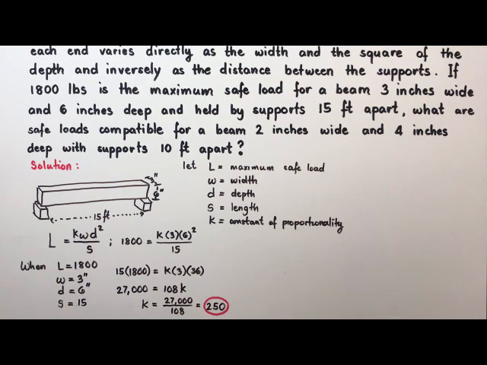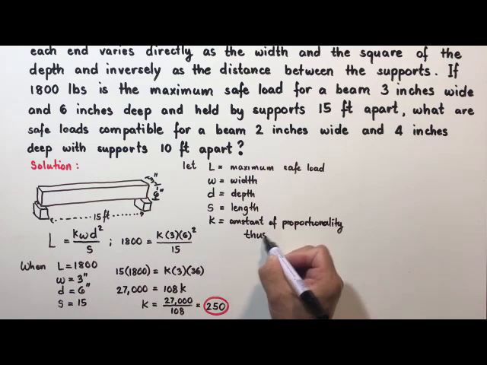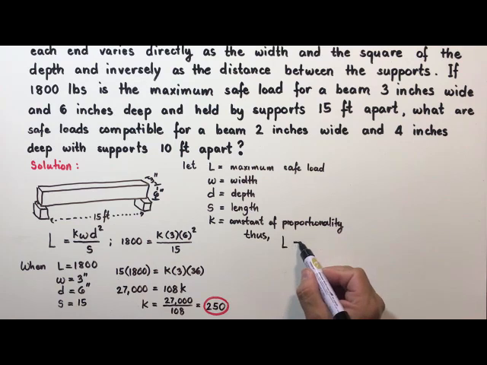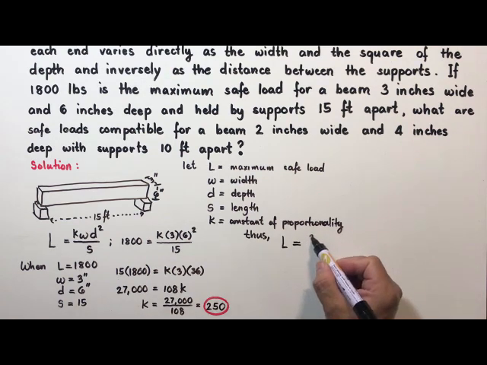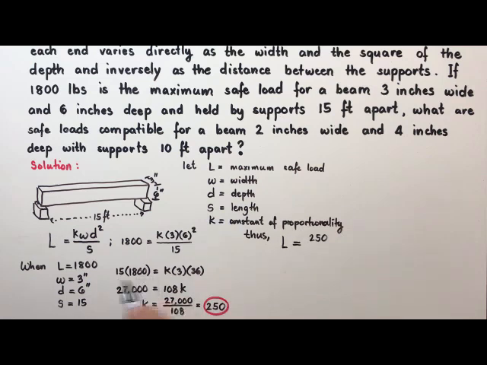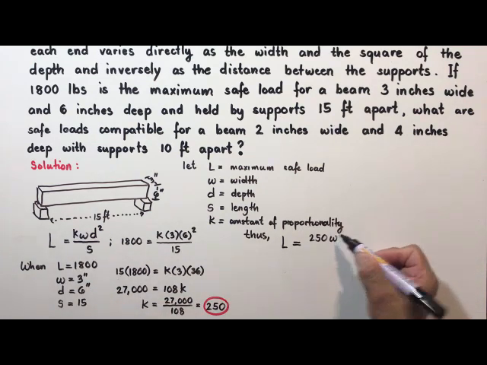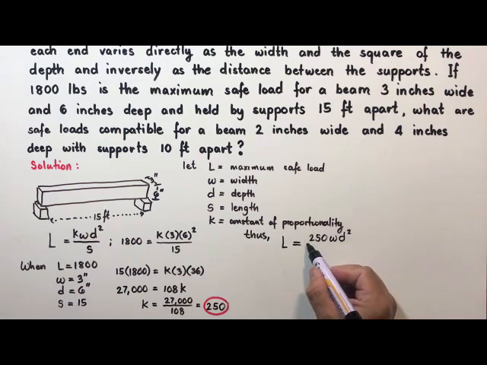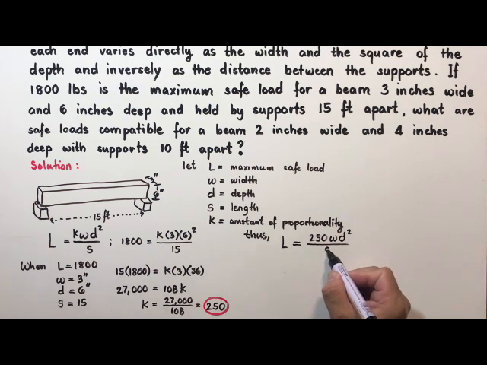Therefore, I can substitute this one here in our formula. So thus, we have the maximum safe load is equal to 250, because that is the value of K, times the width of the beam times the square of the depth of the beam, and divided by the distance between the two supports. But since the problem is asking what are the safe loads compatible, it is not only one load.